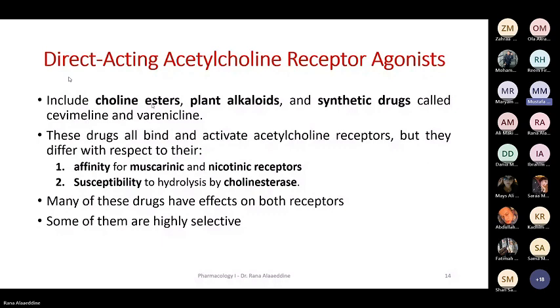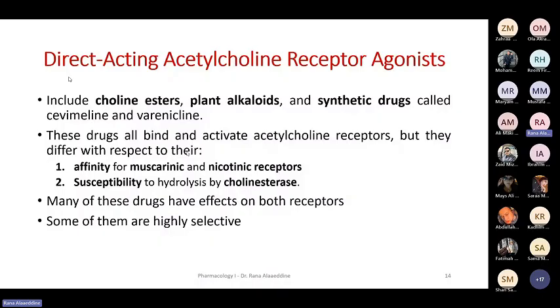Over here, we're talking about parasympathetic. Sympathetic is alpha beta. Parasympathetic is nicotinic muscarinic, right? We want to avoid nicotinic because it will affect all the muscles, in skeletal, not smooth muscles. Excellent.